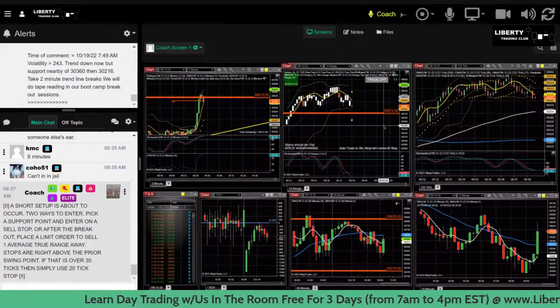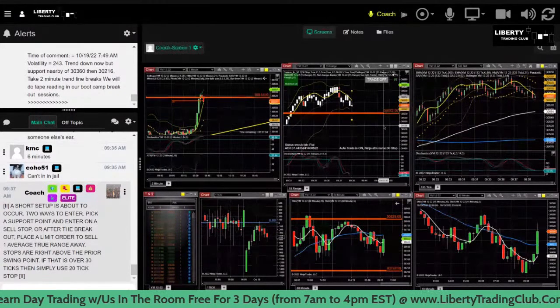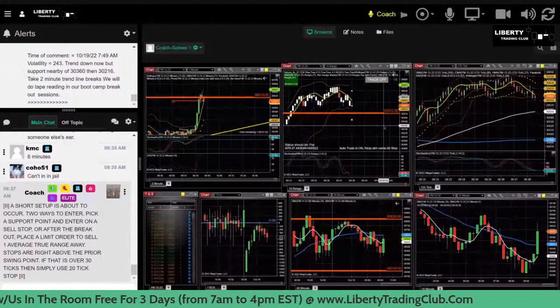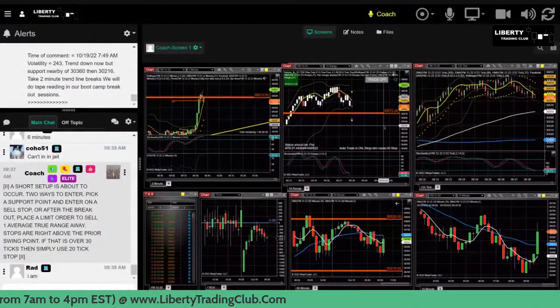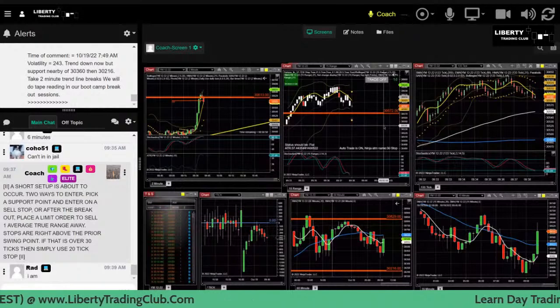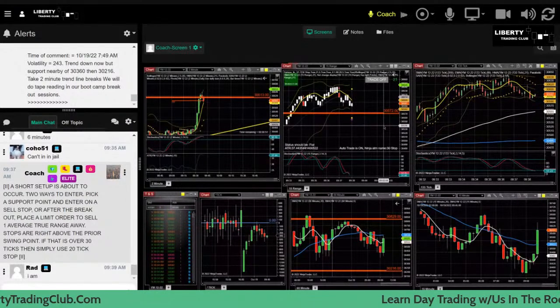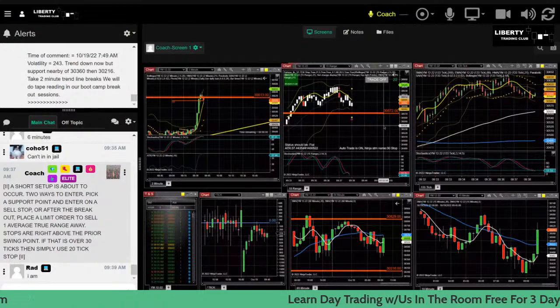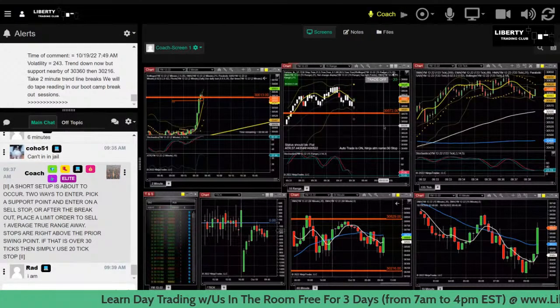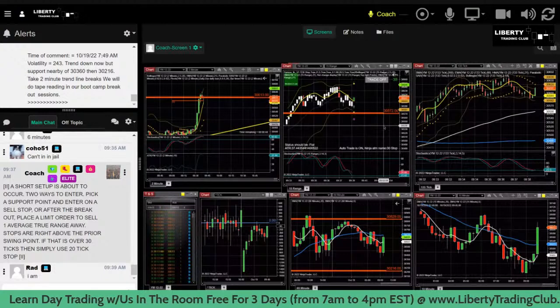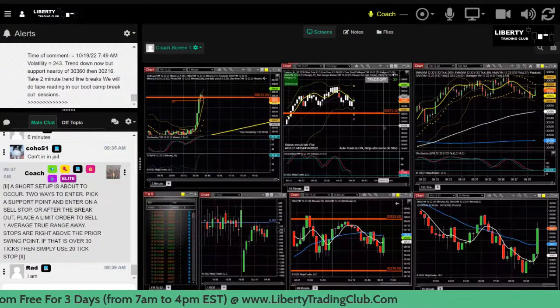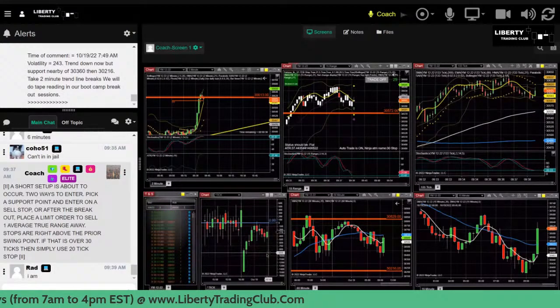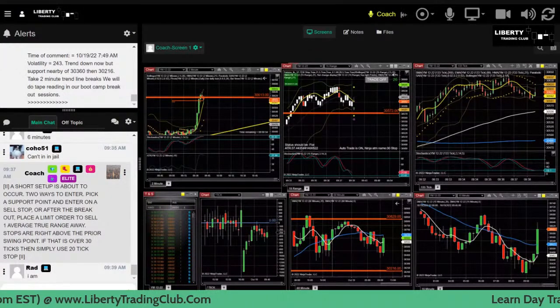Good job, Jennifer. Way to manage your stop. You guys should be using this wick as your stop. Okay, Jennifer? This last wick here. Who's still in? Good job, Robert. Good job, guys. If this next candle fails, use that wick, Jennifer, as your stop.